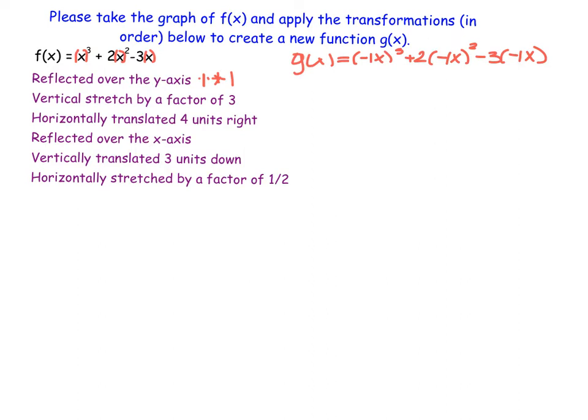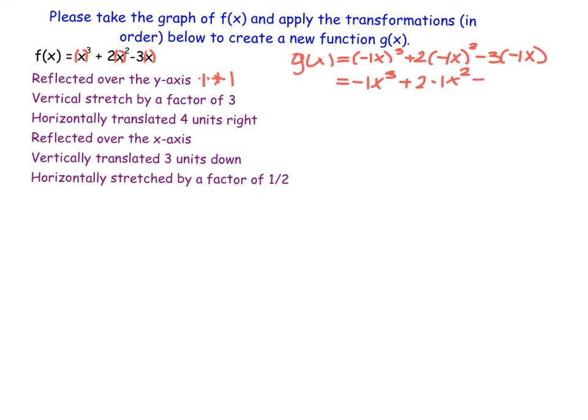Now, I can simplify this a little bit. I know -1 cubed is negative 1, so this is going to become negative 1 times x cubed. Plus, I know that negative 1 squared is 1, so this becomes 2 times 1x squared.